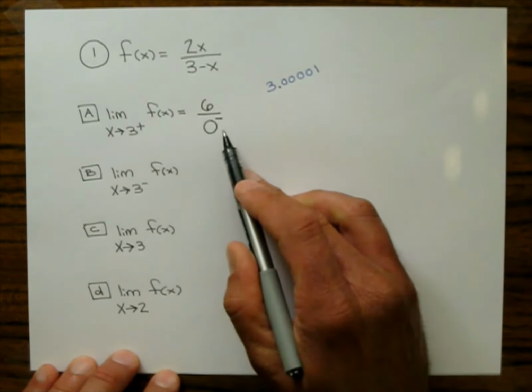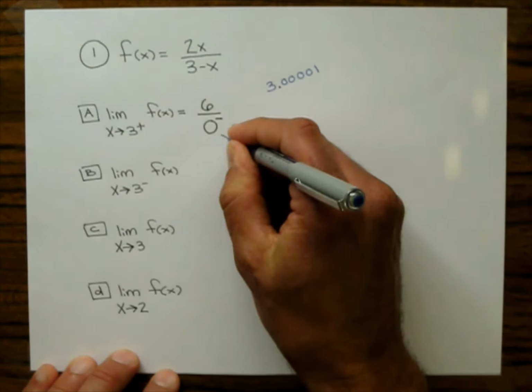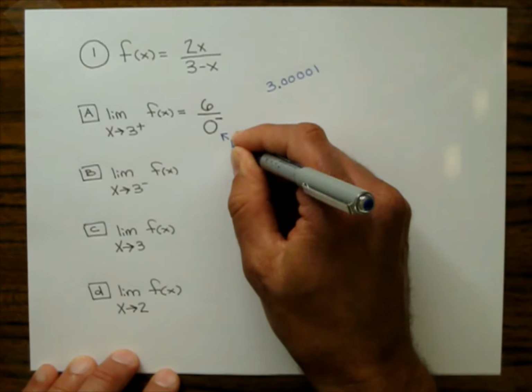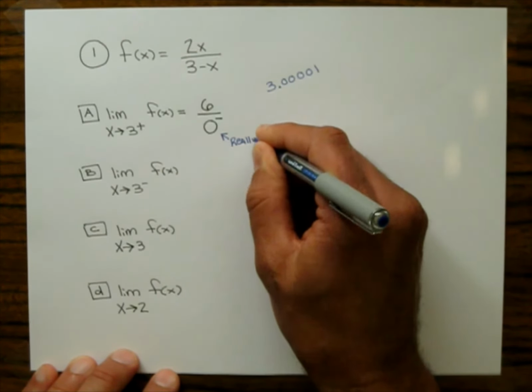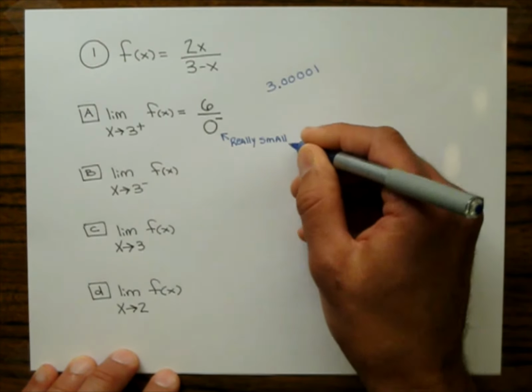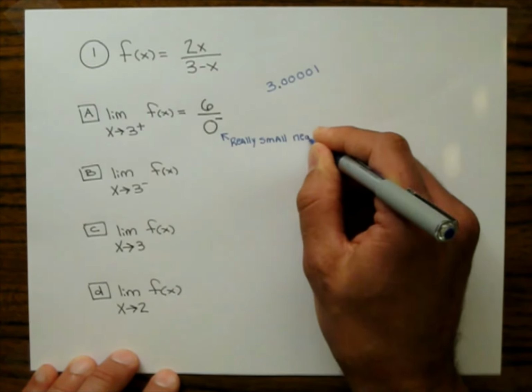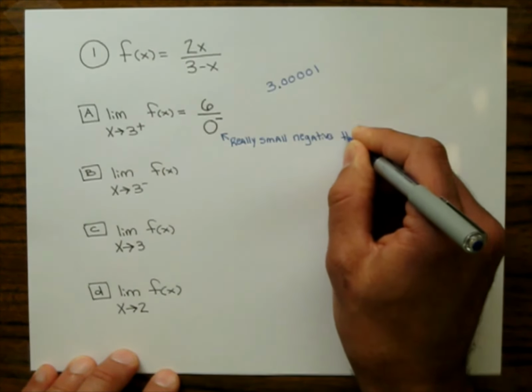When you see a 0 with a minus, and I do this in lecture, this means a really small negative number.